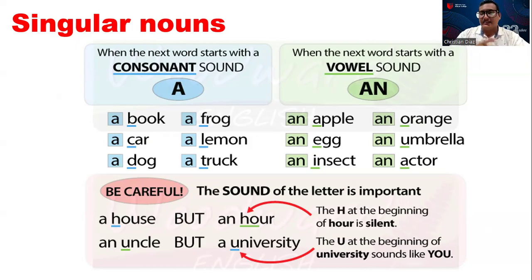This article is a or an. When do we use a or an? Okay, and you can read here: use a with a consonant noun, and an when the noun starts with a vowel sound. Listen carefully: vowel sound, not a written vowel, okay?